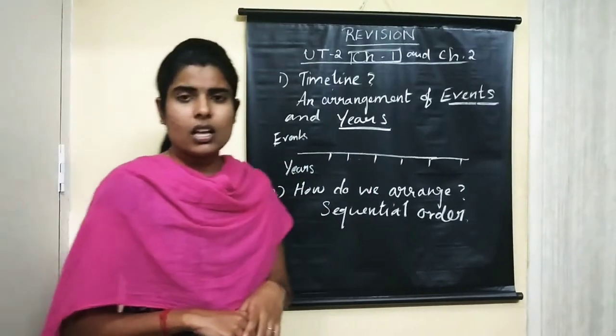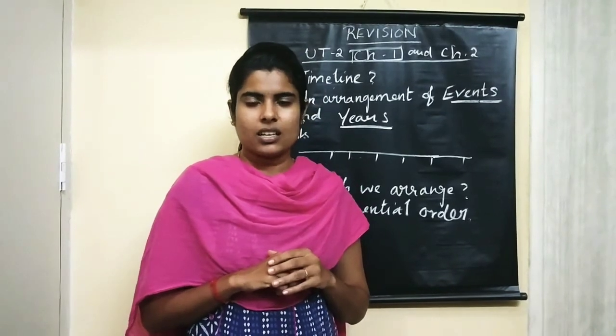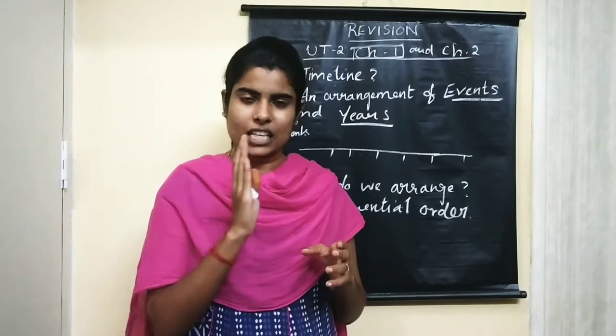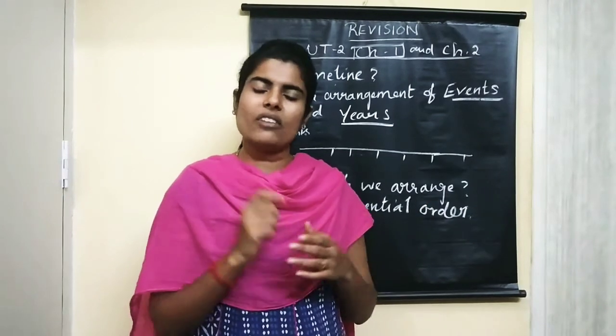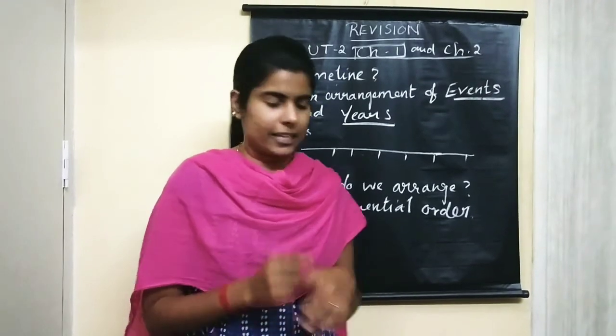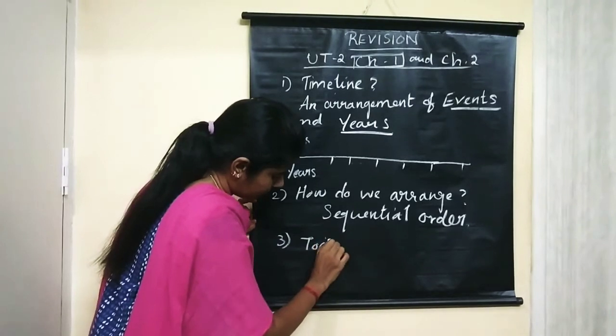Okay. And what is the tool to draw a timeline, children? We divide the timeline into 2. How are we dividing it? What are we referring to, to divide the timeline? Tool.